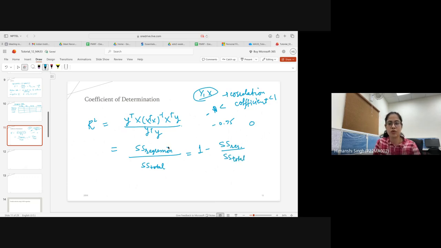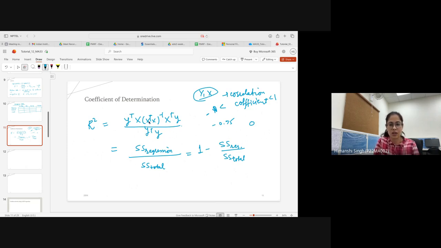If you do not have these quantities, you can either calculate them from the observations, or just put all the values in this formula. Here you have to find the inverse of this matrix, find this multiplication, and then divide that quantity by this.